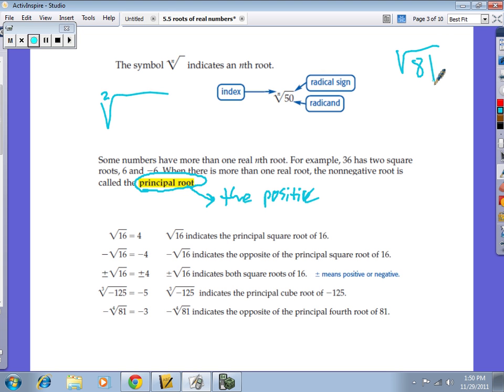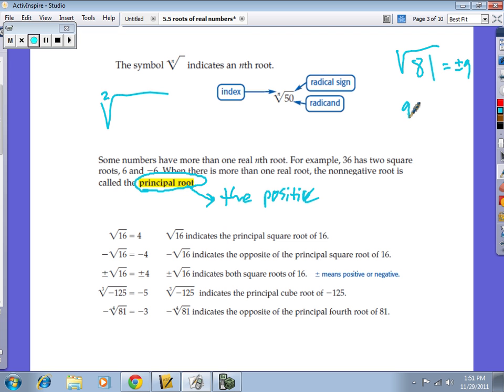So like this, the radical of 81. If there's nothing there, you read it as the square root of 81, which is 9, or plus or minus 9. Look, how come the square root of 81 has 2 roots?